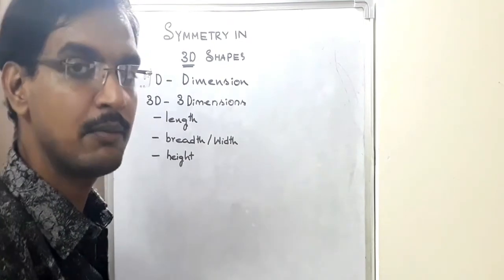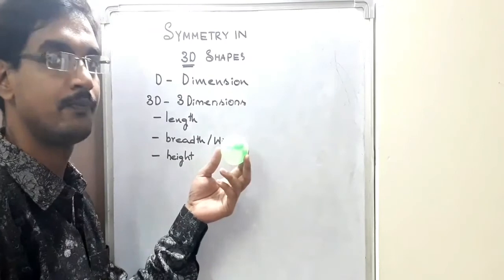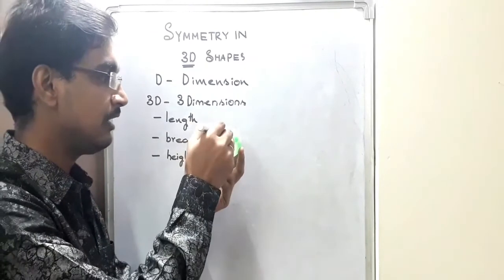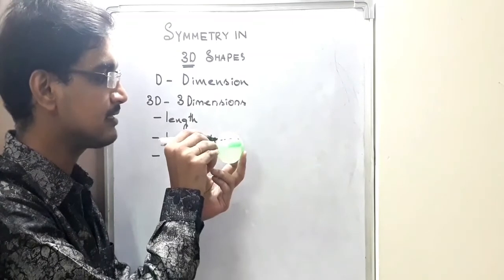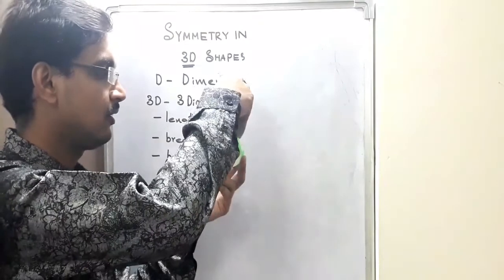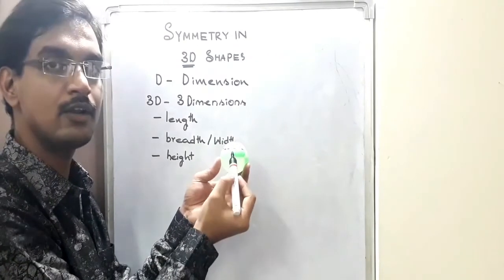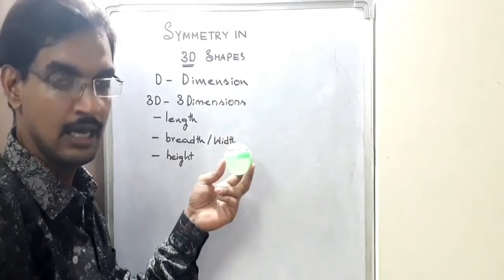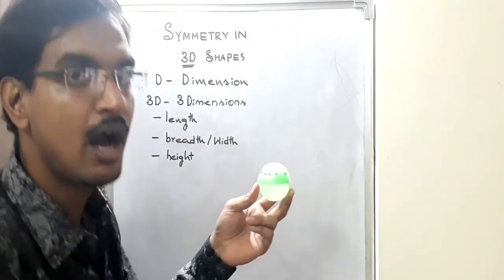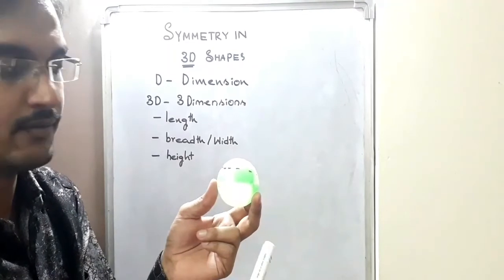using one more example. So look, I am taking a ball. For instance, if I cut this ball along this axis, can we say that this upper part and lower part are going to be in symmetry? No, because they ought to be in the center, as we have discussed.